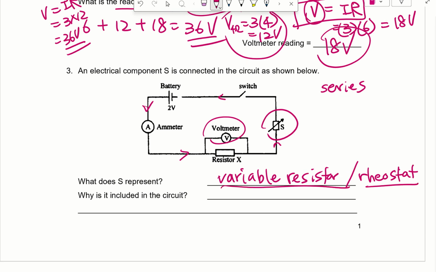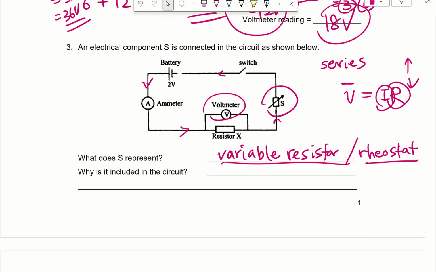Basically, it is a variable resistor, which means the resistance of it can change. So if you look at V equals IR, and if my V is constant, my R can go up or down by using the variable resistor. It means that I can control the current.